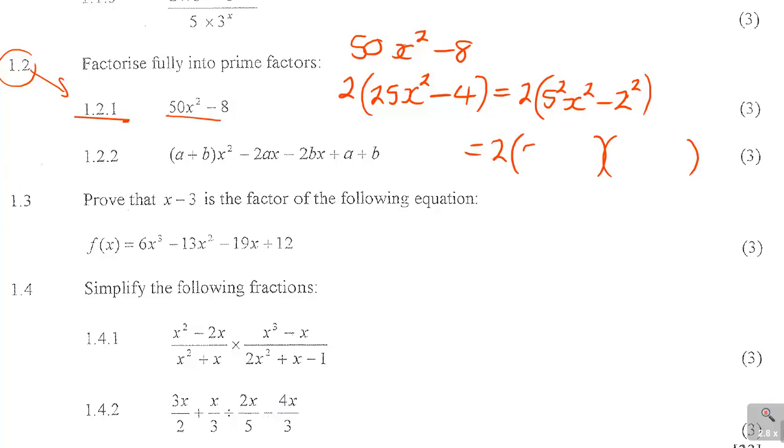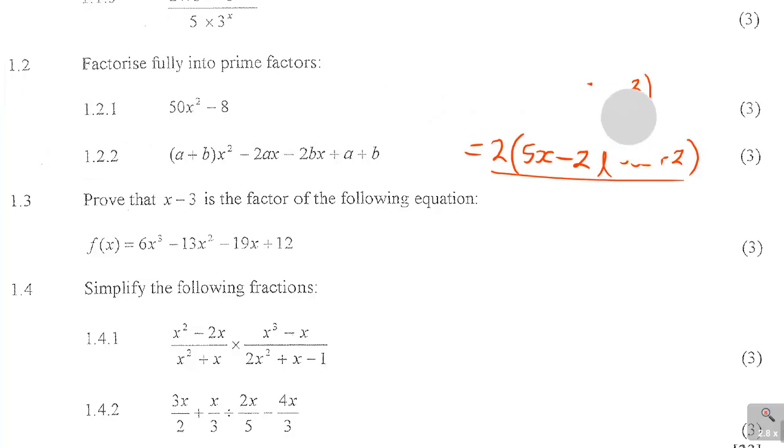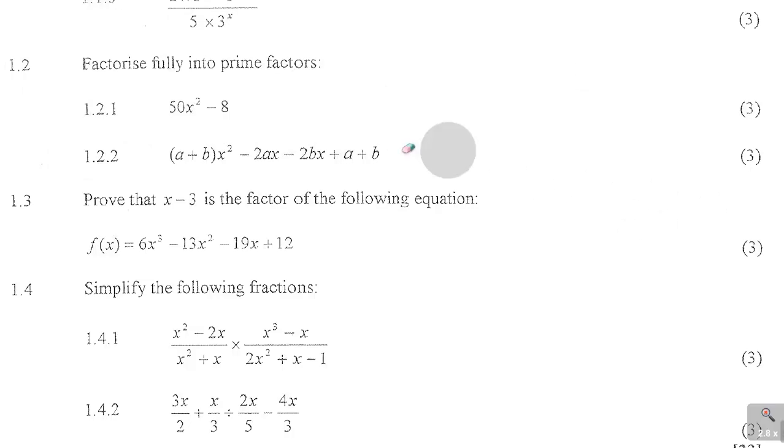So we have 5x minus 2, and then it's 5x, instead of minus it's plus 2. So that is how you factorize that, and you get 3 marks. As I say, it's not complicated, but it needs you to be more familiar with such papers, such questions. As I say, they usually bring them.